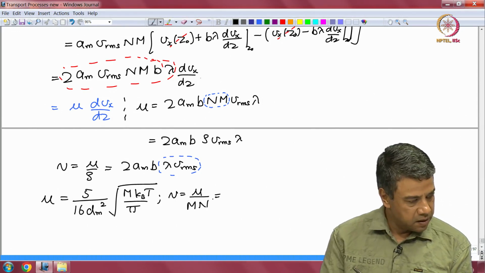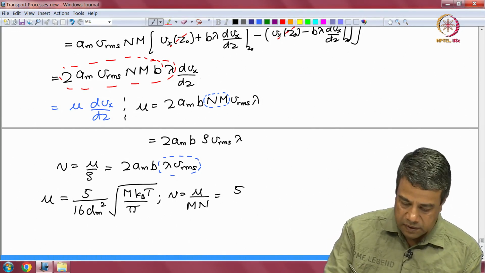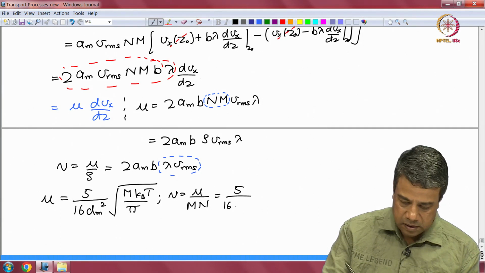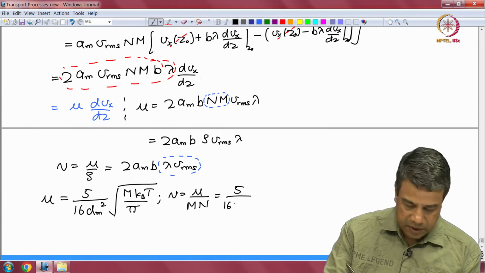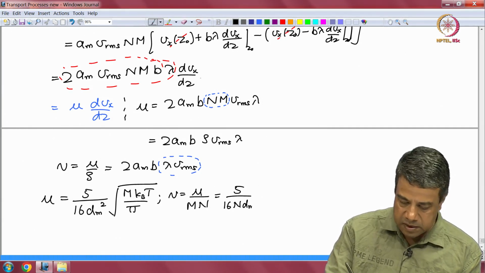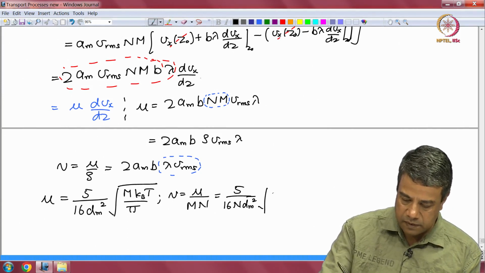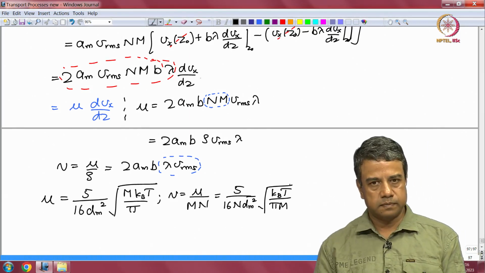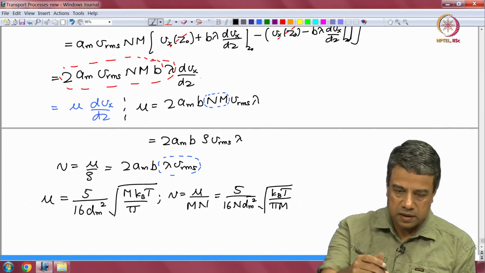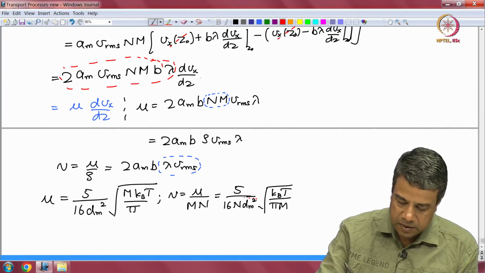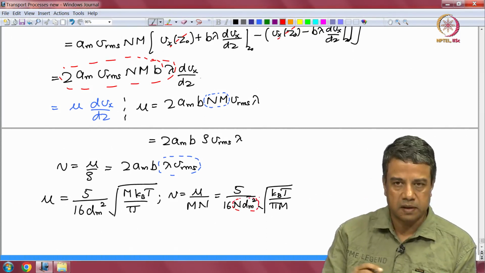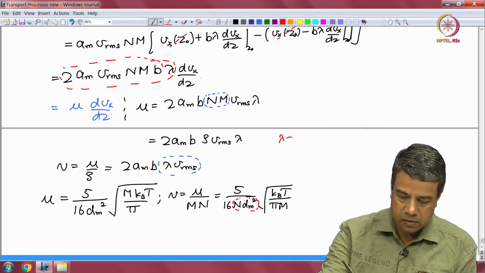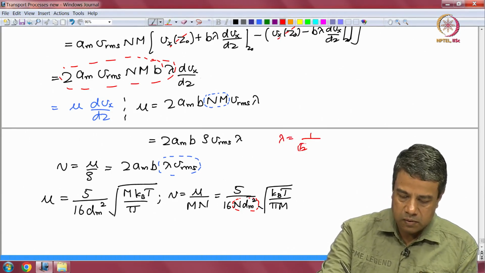So, this is equal to 5 by 16 n dm square times root of kb T by pi m. Note that 1 over n dm square is proportional to the mean free path. You recall that lambda was equal to 1 by root 2 pi n dm square.